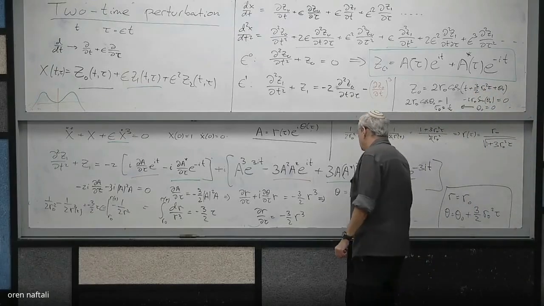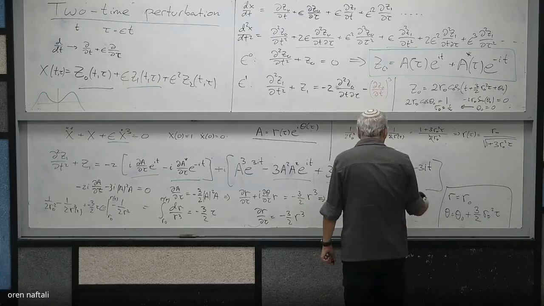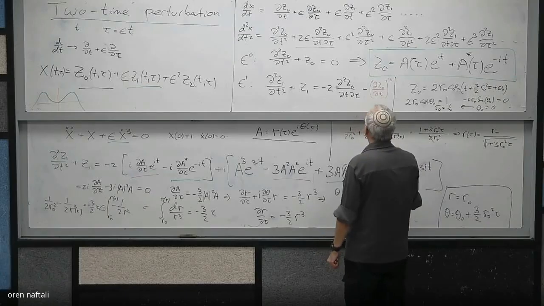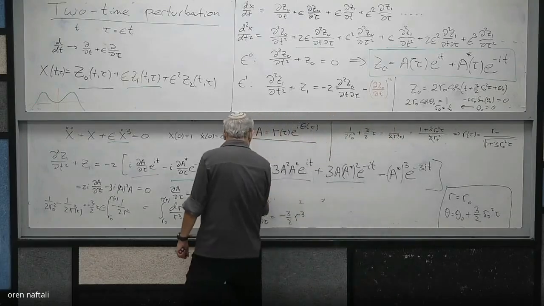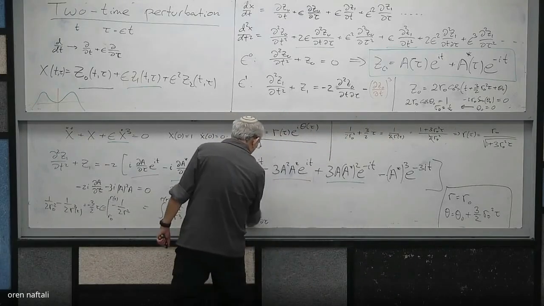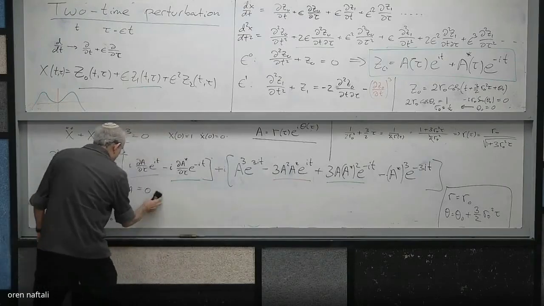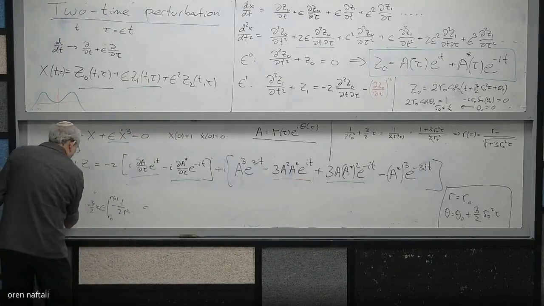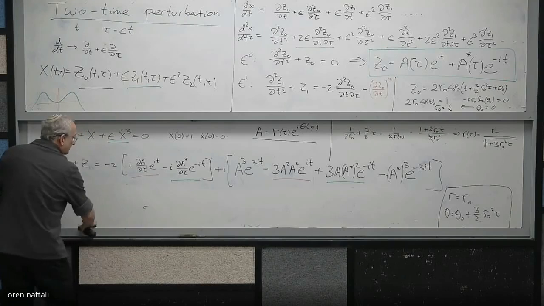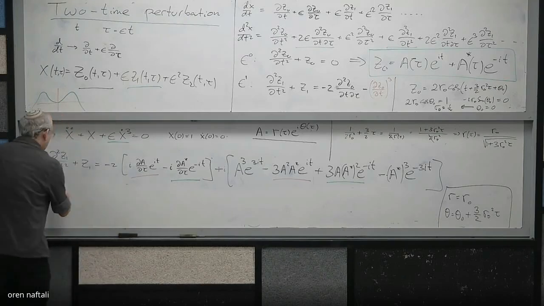Okay, so what is the solution now? I'm taking the risk of erasing everything, hoping that I didn't make a mistake. But it doesn't matter so much. So now what is that?